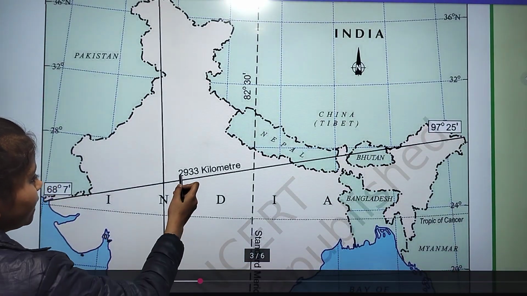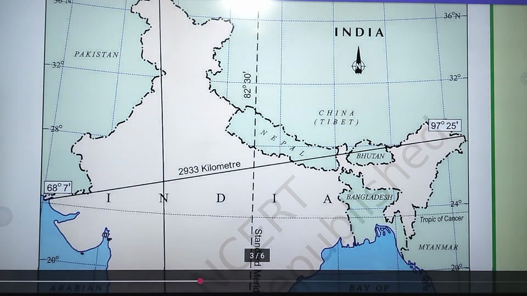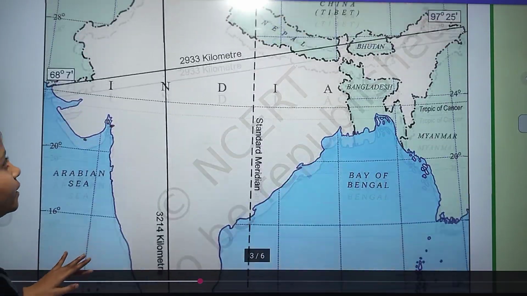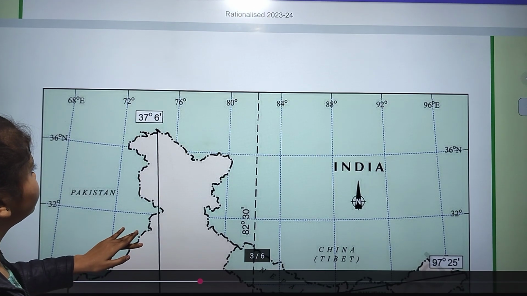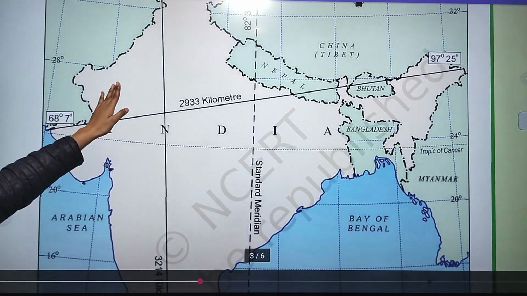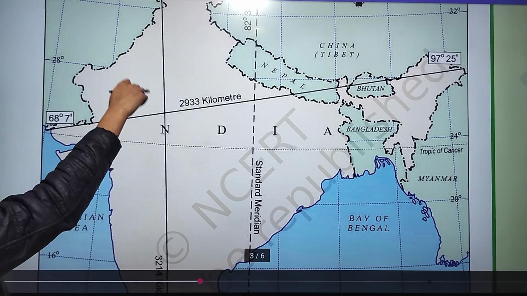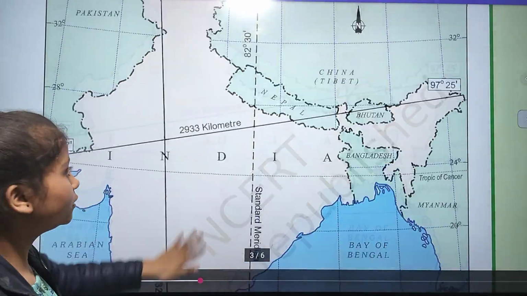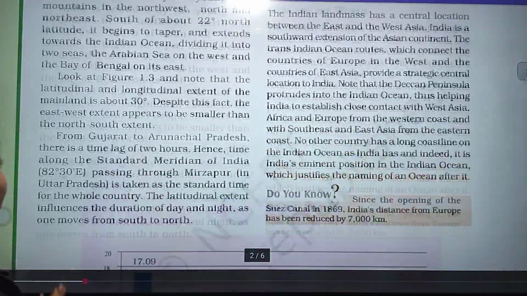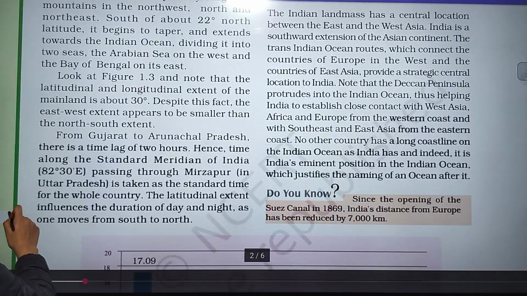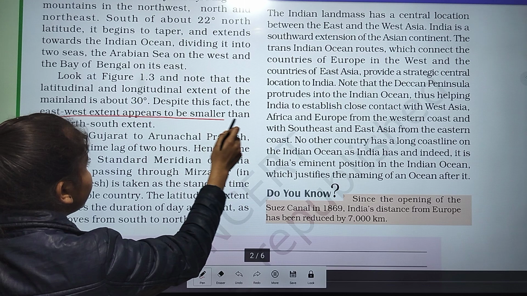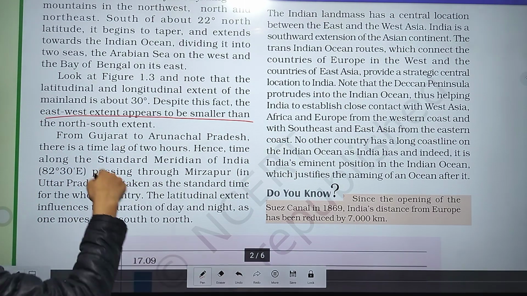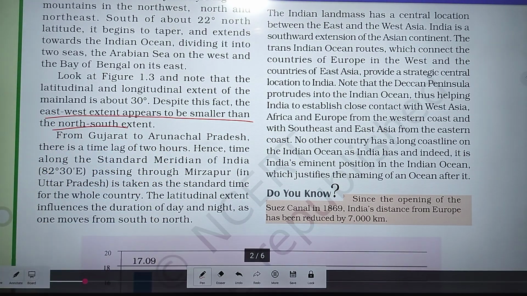You can also see that here it is only 2,933 kilometers, and this one is 3,000. So that's why it is greater. The latitudinal value is greater than the longitudinal value. The same thing is written here: the east-west extent appears to be smaller than the north-south extent.